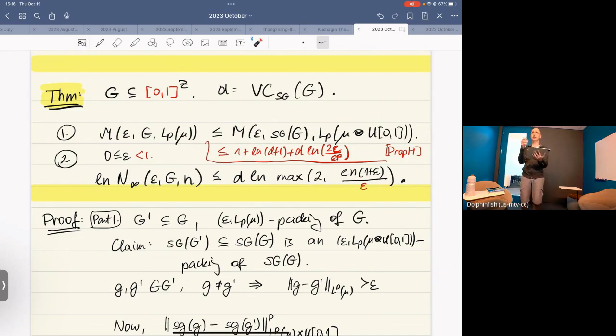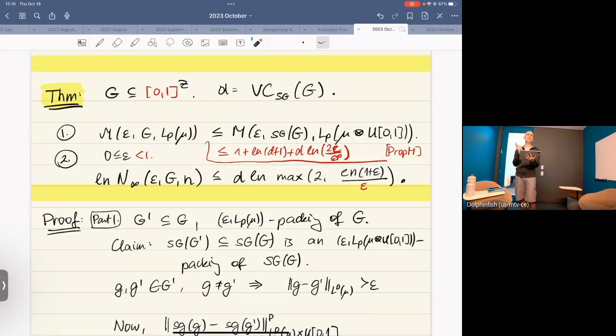So we had a measure over Z, that was mu. And we have the uniform measure on the 0-1 interval. Okay. You take this product measure and you consider the LP norm with respect to that product measure.